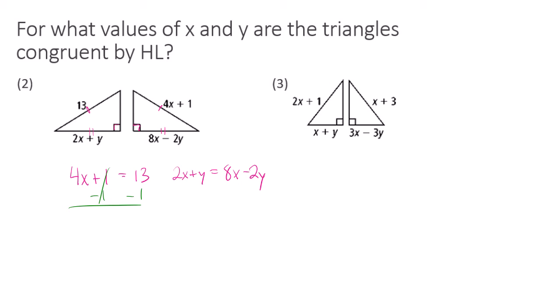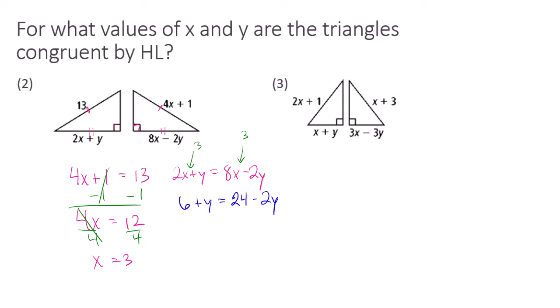So we can subtract x from both sides. We get 4x equals 12. Divide by 4. And we get x equals 3. So then we can take that 3 and plug it in here and here. And so we can get 6 plus y equals 8 times 3 is 24 plus minus 2y, excuse me.